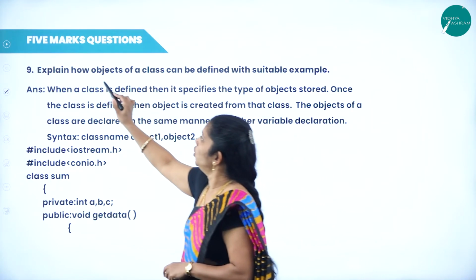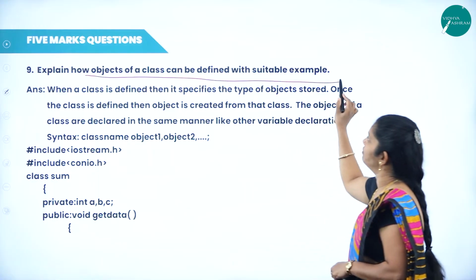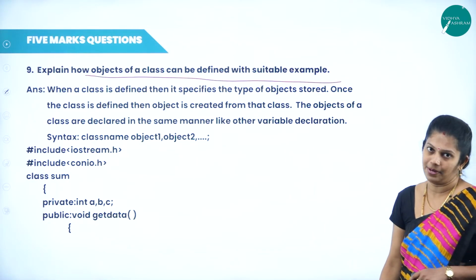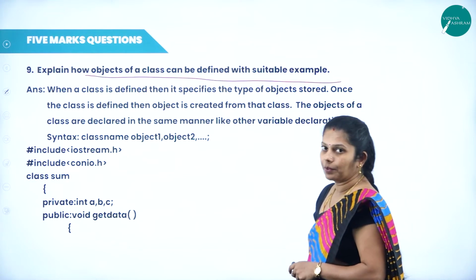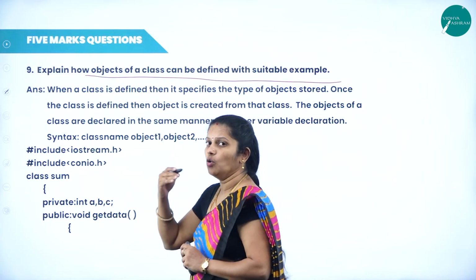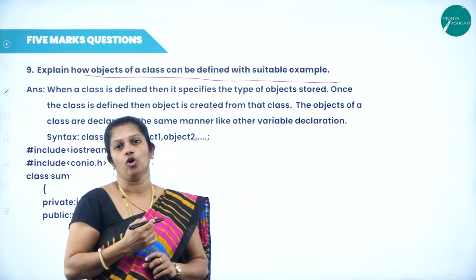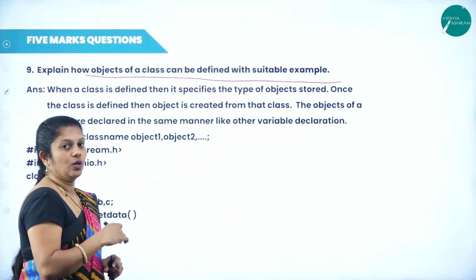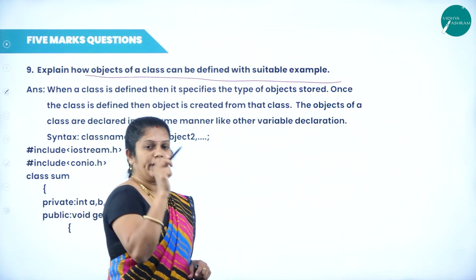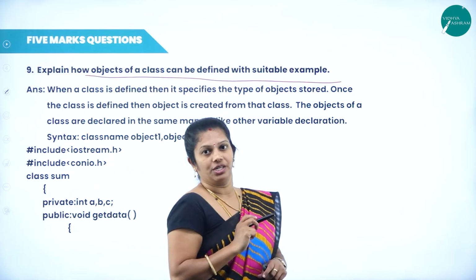Explain how objects of a class can be defined with a suitable example. That means in the program, once I have created a class, as many objects as you want, that many objects we can create. With the help of an object only, we can call the functions.